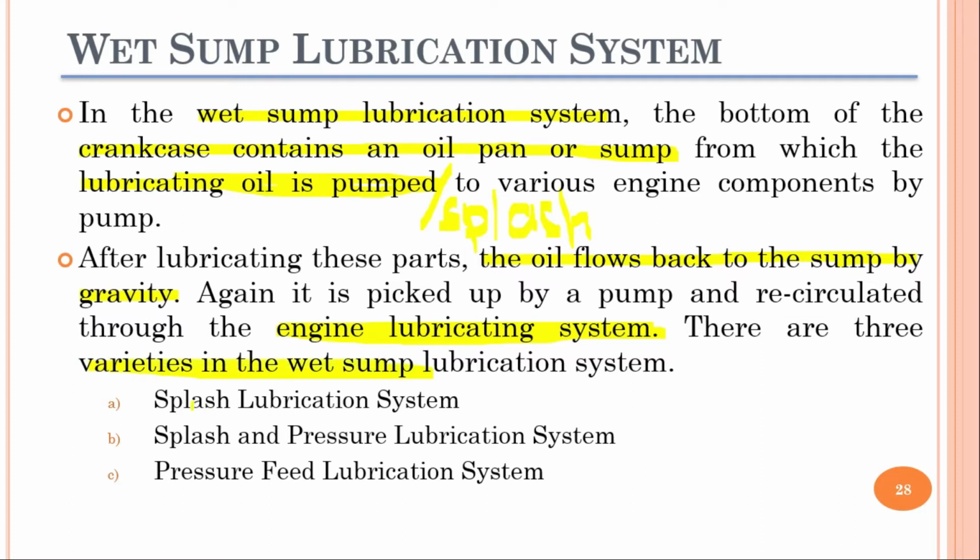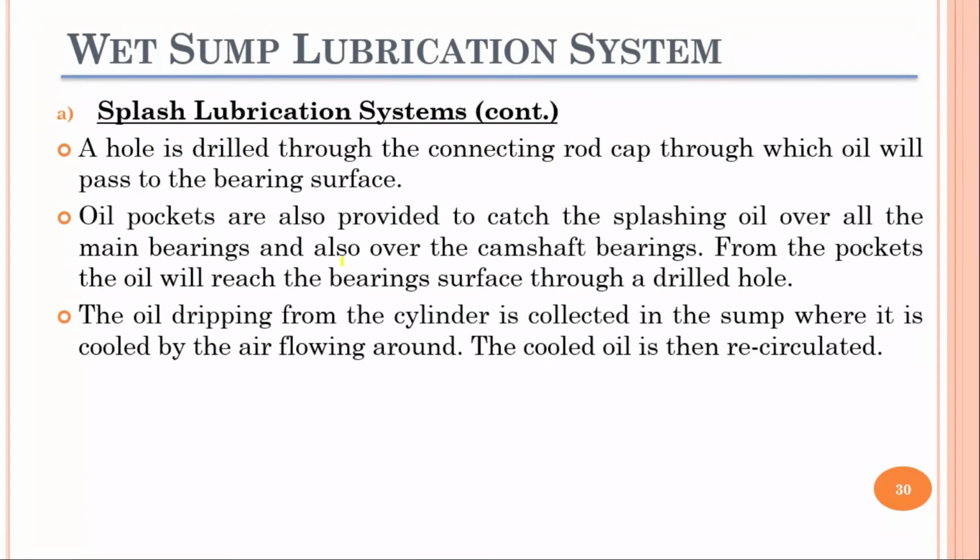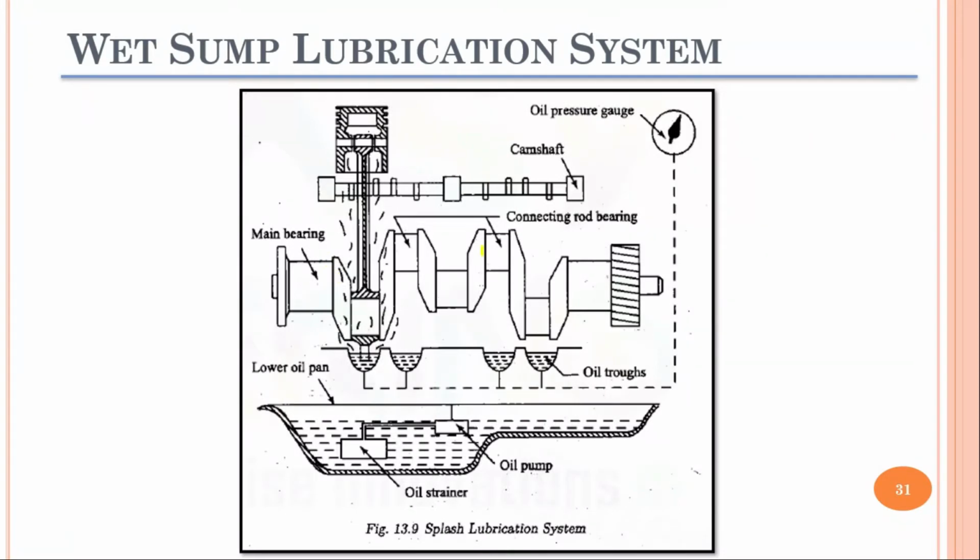The first one is the splash lubrication system. So starting off with the splash lubrication system, here you can see the schematic of a splash lubrication system, and here we have this crankshaft. This is our main bearing in the crankshaft.